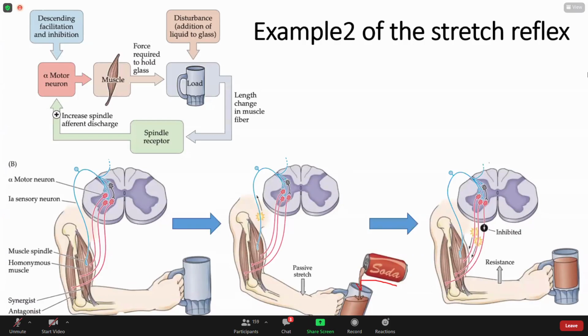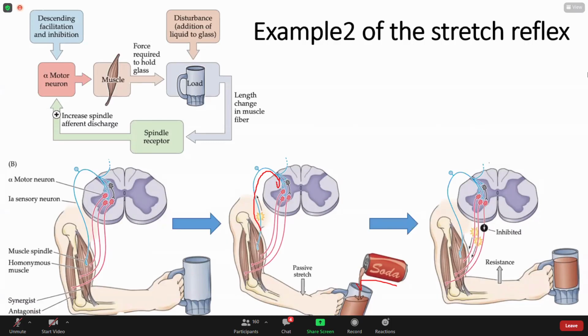Which one? Is it the biceps or the triceps that's going to be stretched? The biceps. Very good. So the induced stretch on the bicep is detected by the muscle spindles, which activate the group 1A sensory neurons, which will be carrying the signal to the dorsal horn of the spinal cord, synapsing with two neurons.